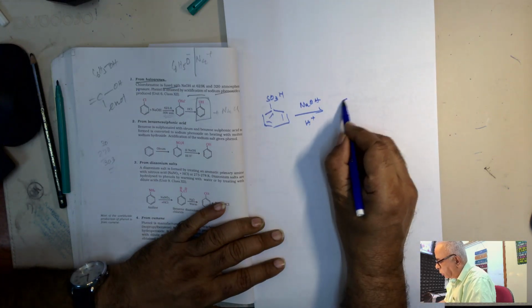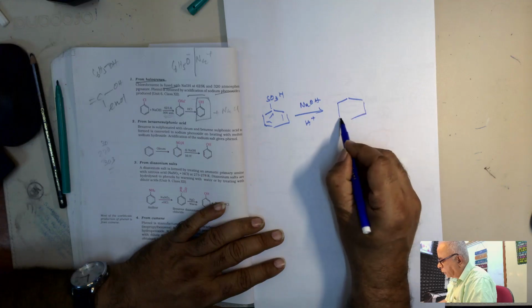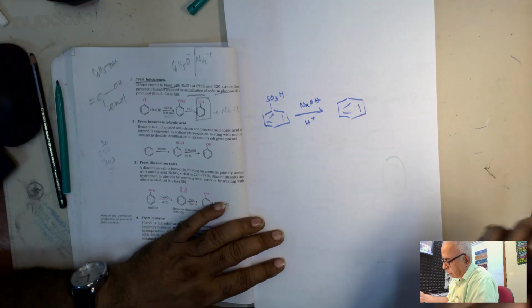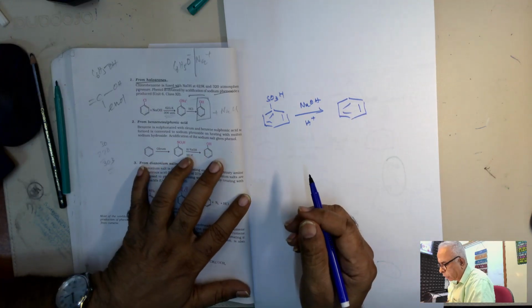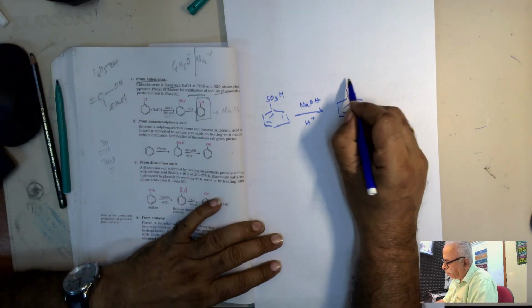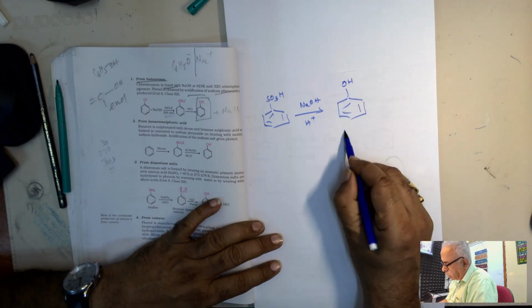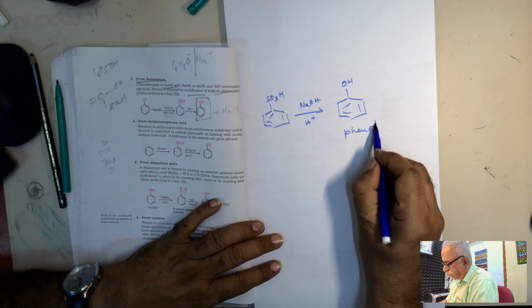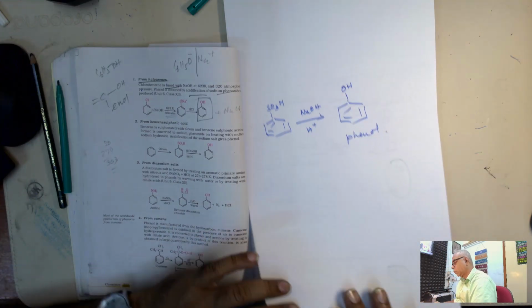So that it gives you first sodium benzene sulfonate, and after that it is hydrolyzed to become OH, that is phenol. Okay. So this is the second method of preparation.